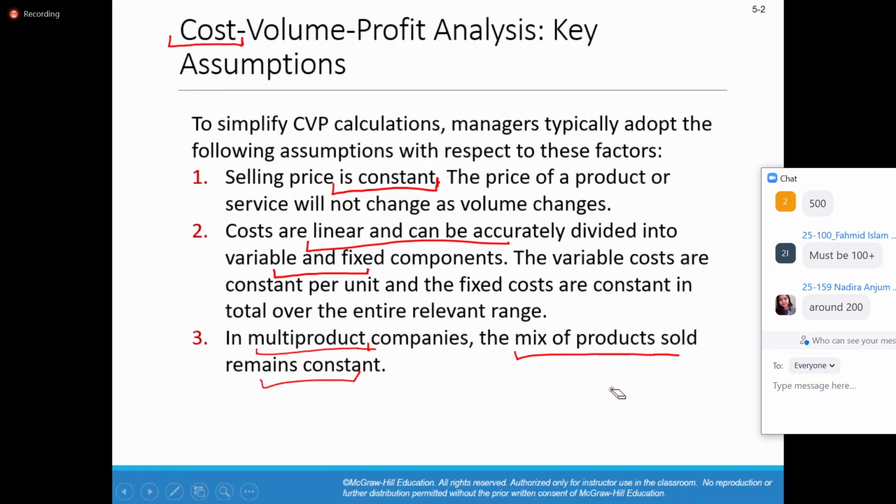Okay, so these are some assumptions we need to hold, but the caveat is that you should not think that these are the limitations of CBP analysis. Nowadays we use a computer Excel program or a spreadsheet program to analyze the CBP.